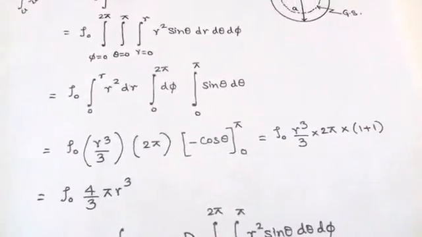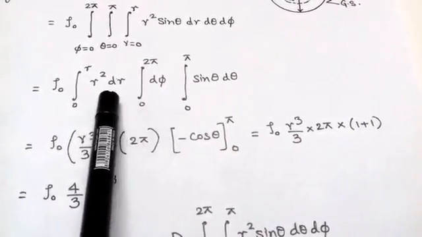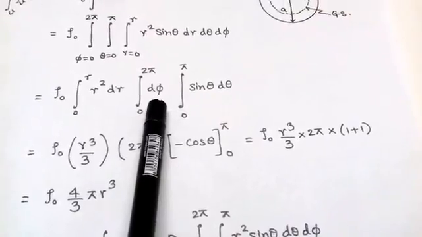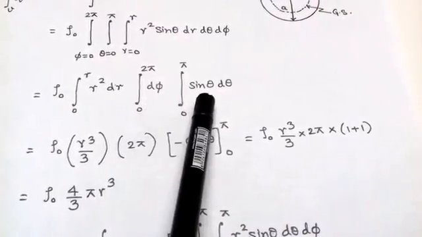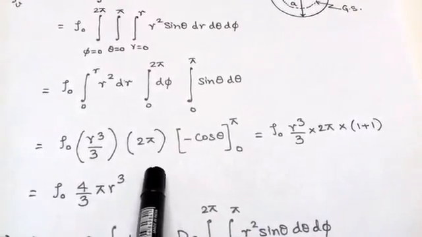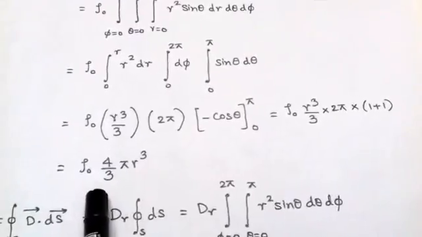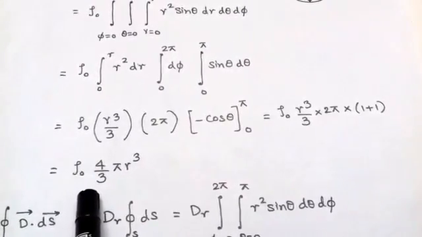After making this arrangement, we take r squared with dr and sine theta with d theta, and calculating this integration, we get rho naught 4 upon 3 pi r cube.